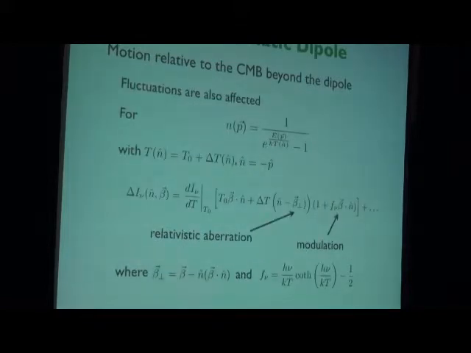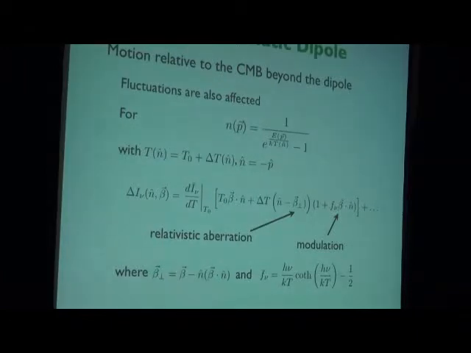There is another effect, which is not coming from the monopole or the thermal bath at fixed temperature, but there are effects due to the fluctuations in the cosmic microwave background. So again, the occupation number you can write in this way, where this n hat in this case is just minus the direction the photon is moving in.